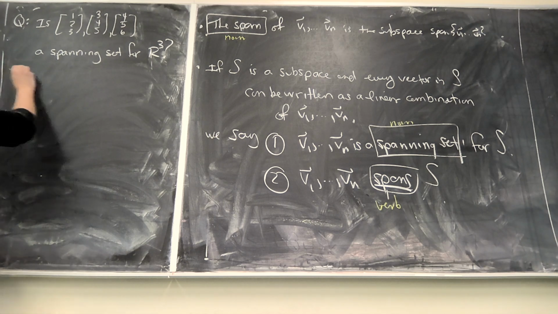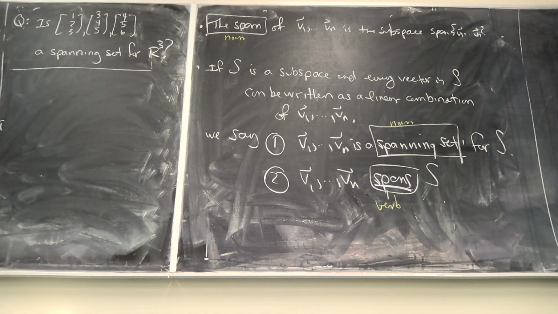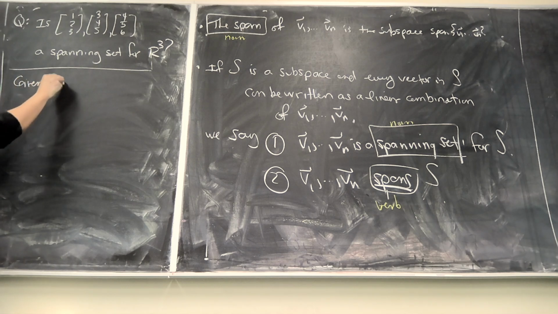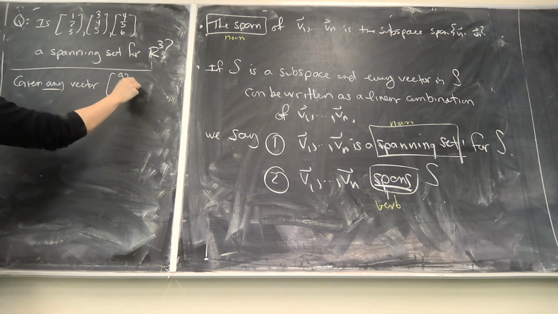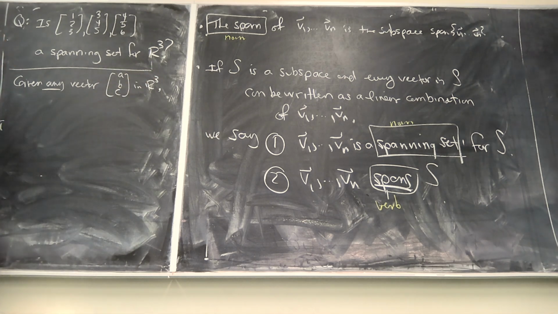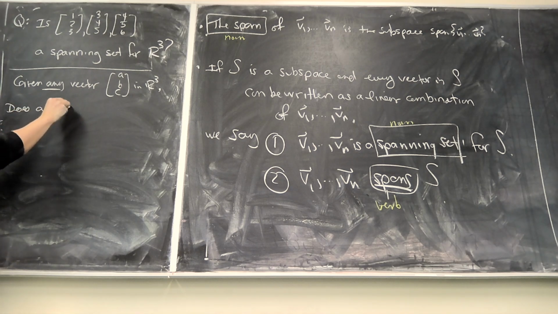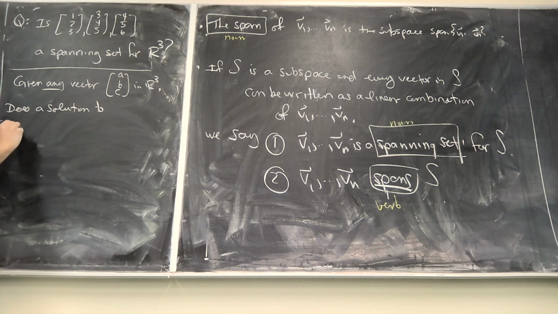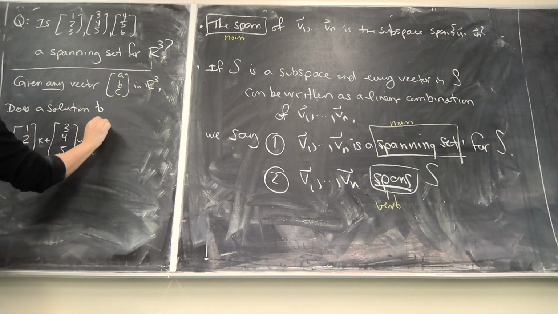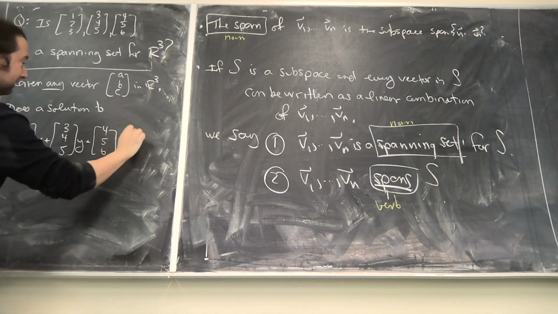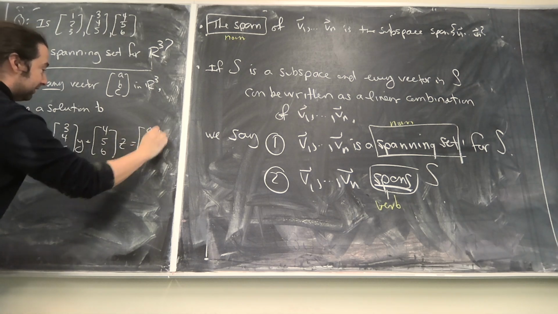Okay, so what this question is asking is the following. For this to be a spanning set for R3, what that means is, given any vector A, B, C in R3, so an arbitrary vector in R3, does a solution to 1, 2, 3 times x plus 3, 4, 5 times y plus 4, 5, 6 times z equals A, B, C exist?